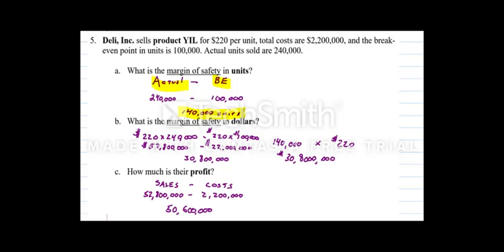You could also talk about margin of safety in dollars. So if you take your actual units, which was the 240, and you multiply that by the selling price, you'll get your sales. So in this case, Deli Ink sells product YIL for $220 per unit. So that's the selling price. Take the selling price of 220, multiply that by the actual units, and you get your actual sales.